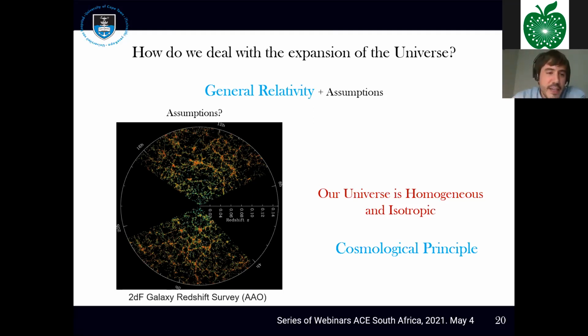So this is a good starting point. Of course, there are some research groups that also try to find deviations in this cosmological principle, but this is the starting point to have a Big Bang theory. So remember, we have general relativity. We also plug in some assumptions. We say that our universe is homogeneous and isotropic. This is what we call the cosmological principle.